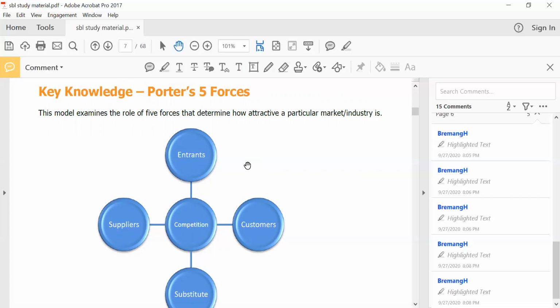And according to Michael Porter, we are looking at the 5 forces, Porter's 5 forces. So this model examines the role of 5 forces that determine how attractive a particular market or industry is.